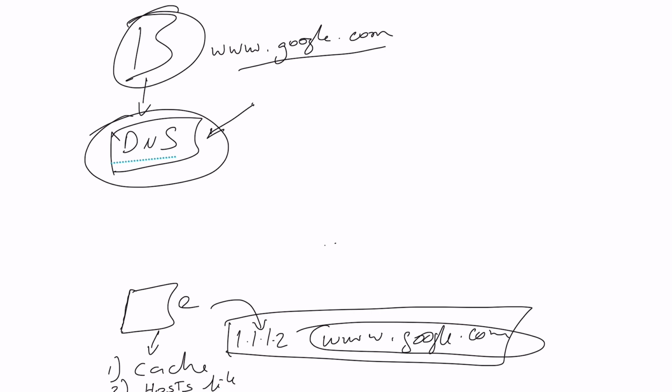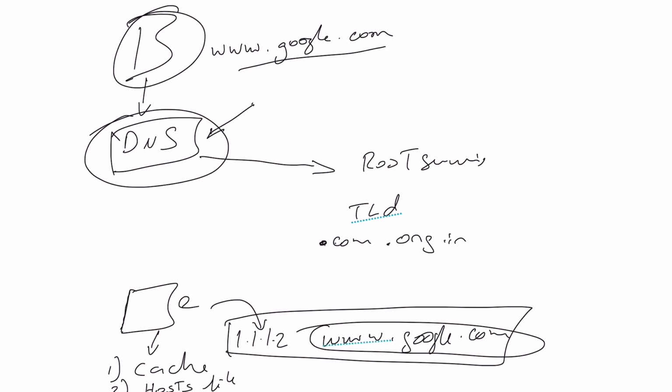How it does that is it goes to some root servers over the internet. We call them root servers, which have all the top level domains registered. The top level domains are .com, .org, .in, .uk, etc. These root servers will give back to this DNS the address of these top level domains.